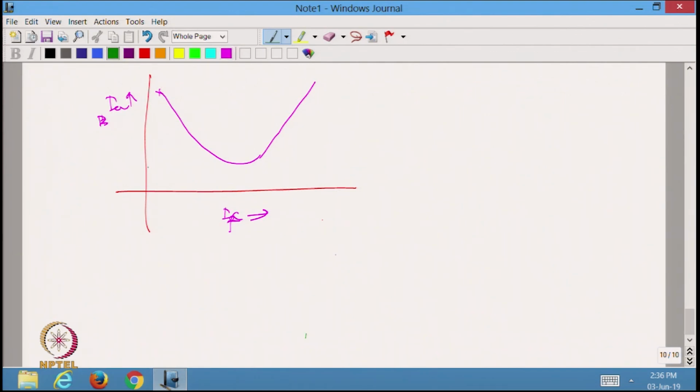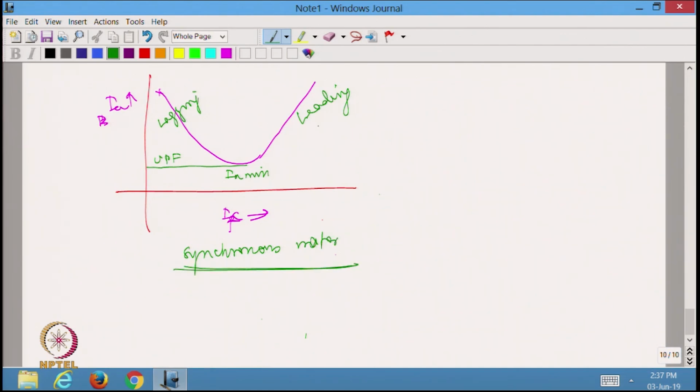So, if this is my minimum armature current, this is IA minimum, this will also correspond to UPF condition, unity power factor condition, whereas this will be lagging and this will be leading. This is corresponding to a synchronous motor. So, the over excited or excessive excitation condition of a synchronous motor will always result in leading current.